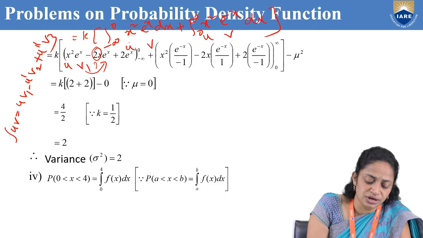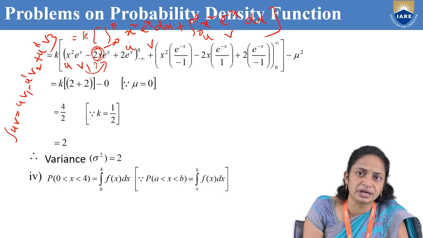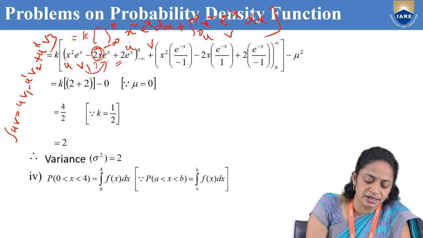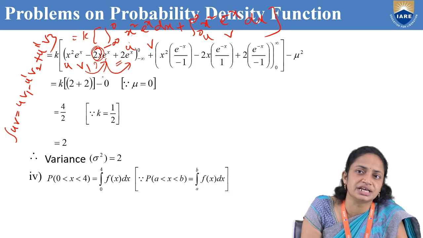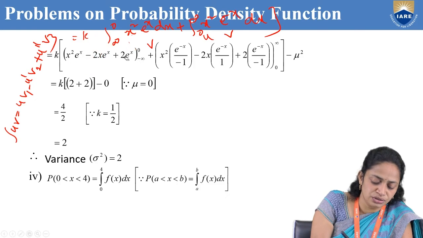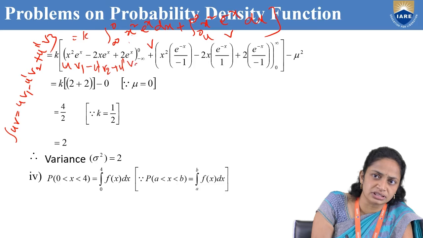Okay, so next, u double dash, 2x differentiation is 2, and next v3, e power x integration is e power x. Okay, so this will be in the form of u v1 minus u dash v2 plus u double dash v3.